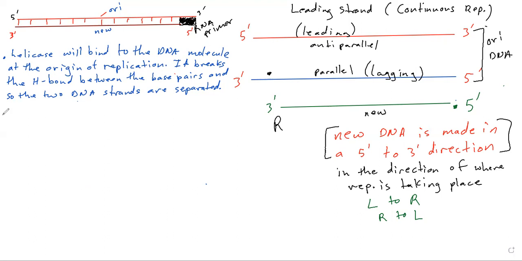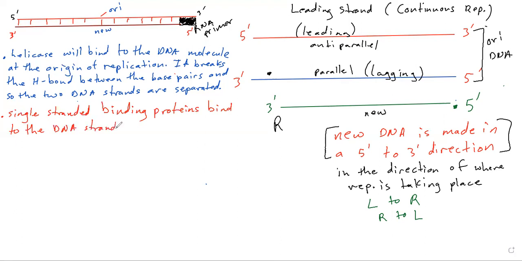In order to prevent that, single-stranded binding proteins bind to the DNA strand and prevent it from reforming.